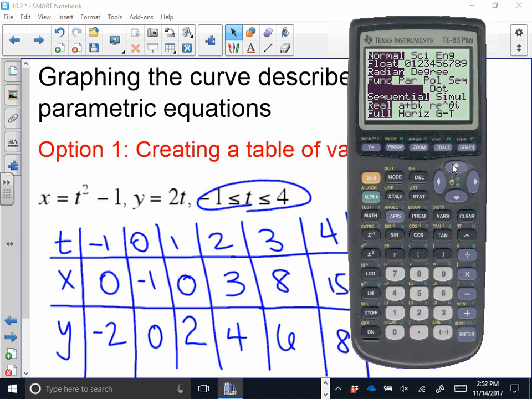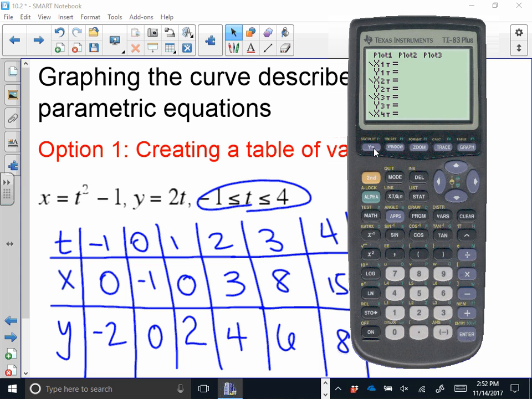That's parametric mode. If you are in parametric mode, when you go to y equals, you have x and y. If you press the X button, it'll actually appear as a T because we are in parametric mode. So we want t squared minus 1 for X, and we want 2t for Y.